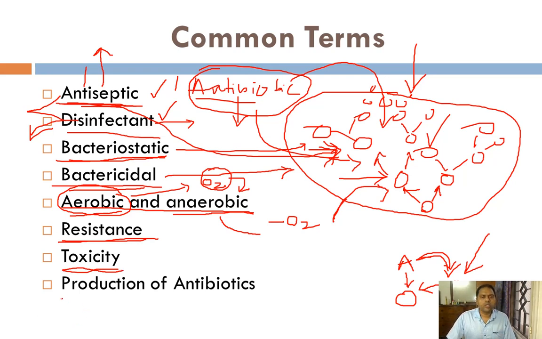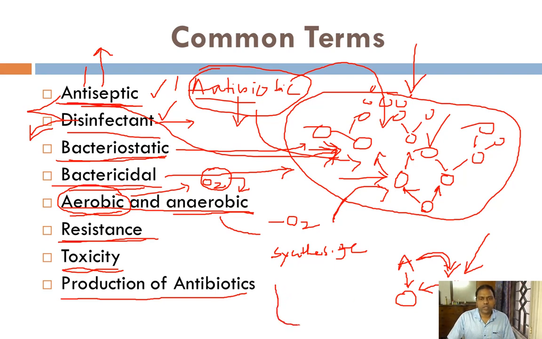So how are these antibiotics produced? How do they manufacture antibiotics? One way is they can be synthesized in the laboratory. And how do we manufacture them from bacteria or microorganisms?